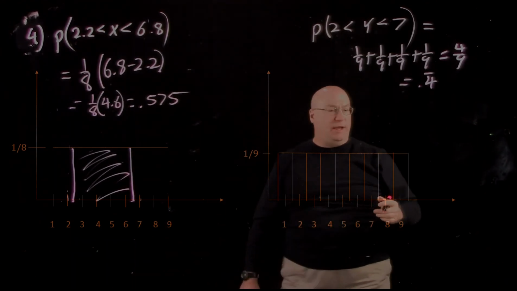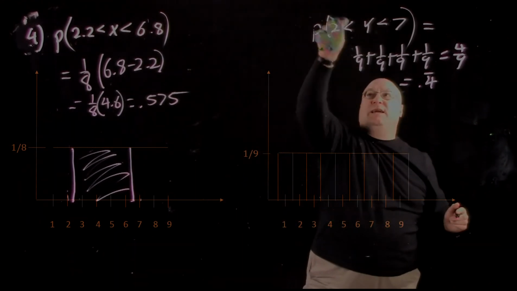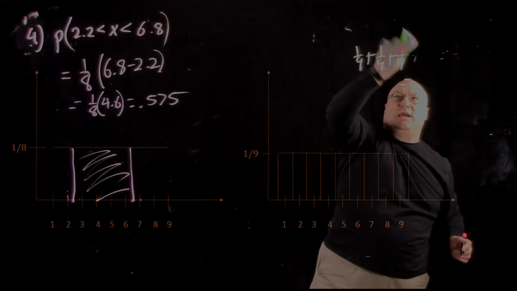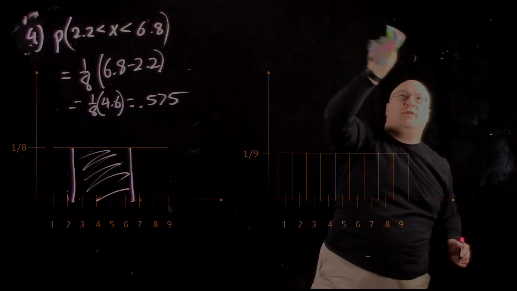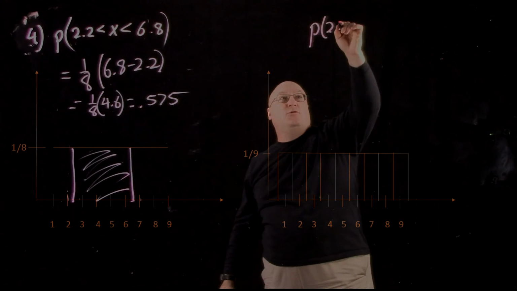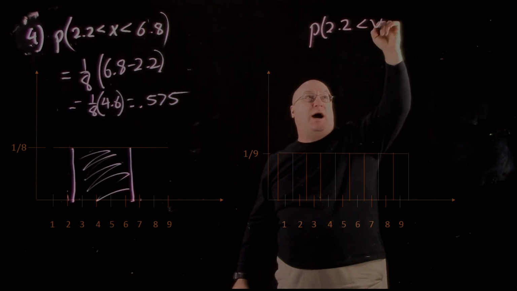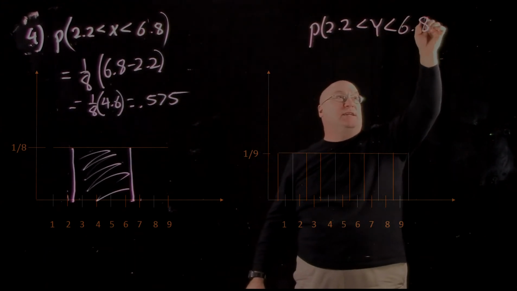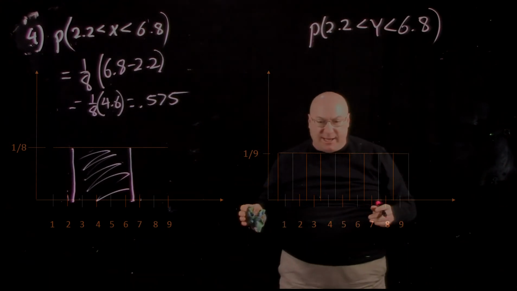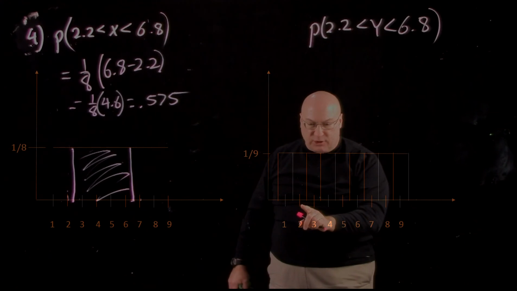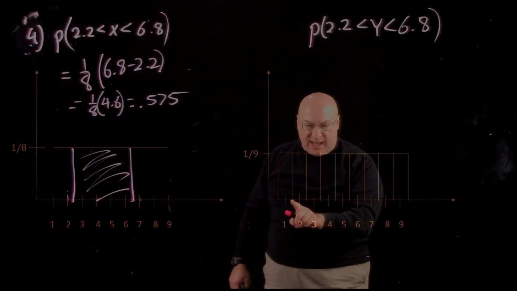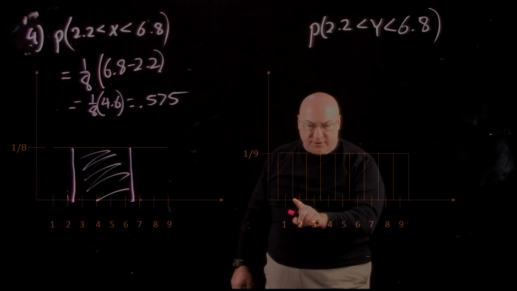Let's come over here and do the analogous thing for the discrete random variable and see how we have to be careful in our thinking. I want the probability that 2.2 is less than y, which is less than 6.8. Since 2.2 is less than y, I can't get any of this bar; I either get all or none of it.